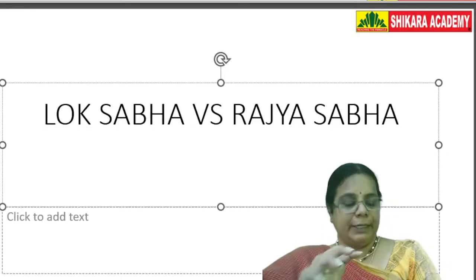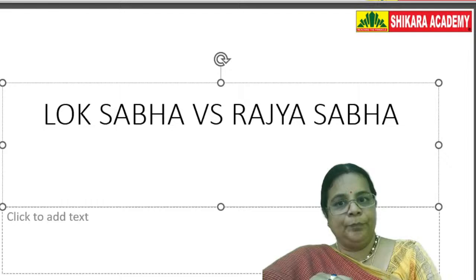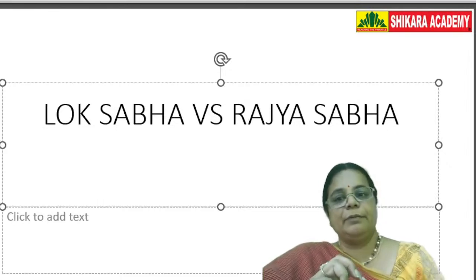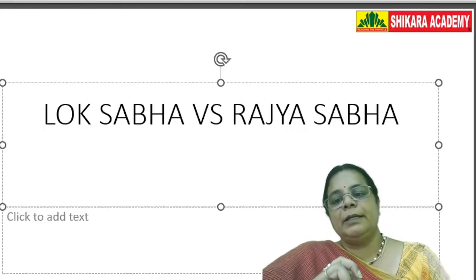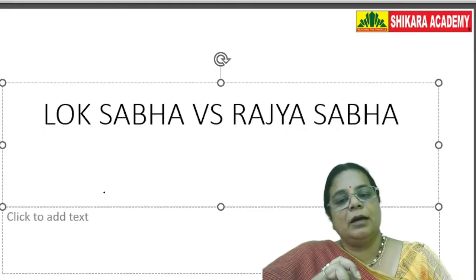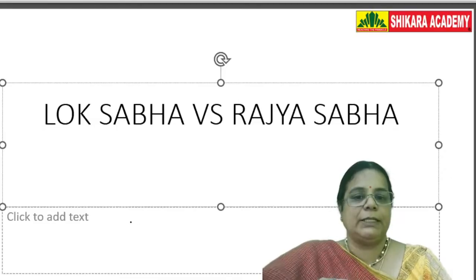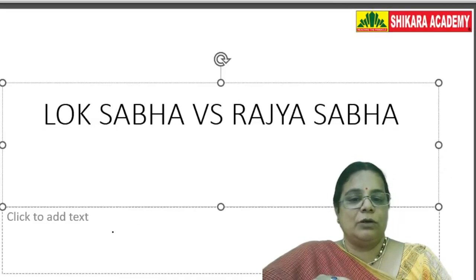Now, in terms of tenure and term, we have to remember here, I'm writing it. Please remember term and tenure. Rajya Sabha is a permanent house, cannot be dissolved. It provides continuity, it provides stability because it cannot be dissolved.